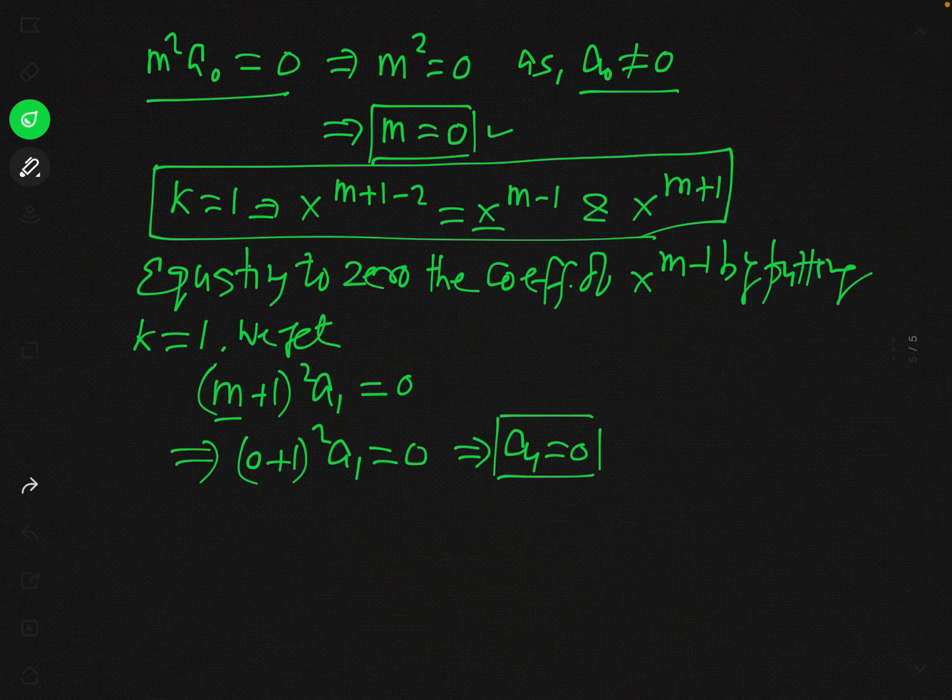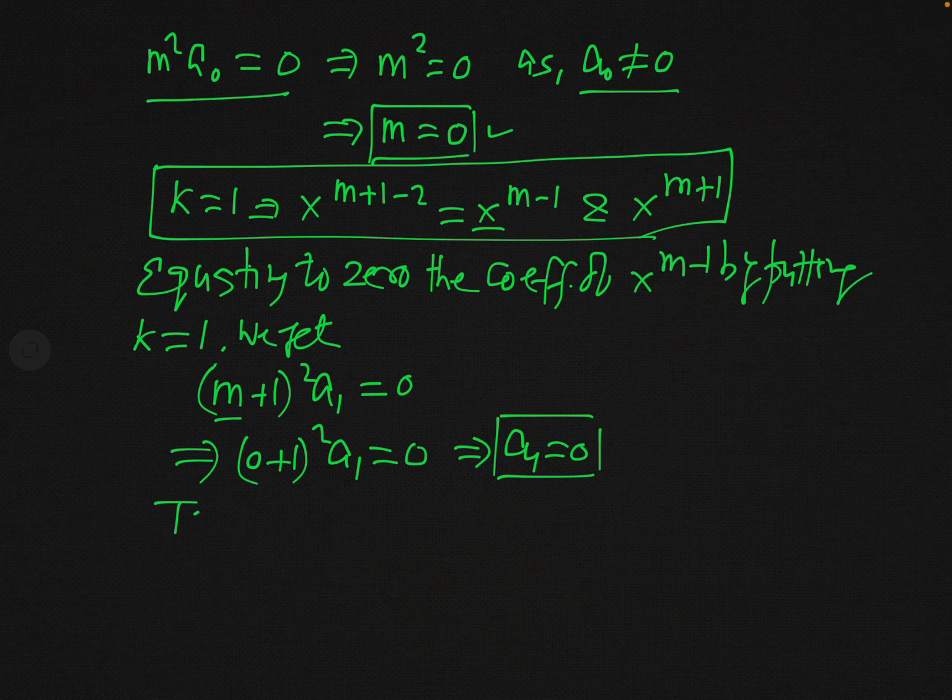Now, to get the other coefficients, we write the recursion formula, or you can say the recurrence relation. And you know, to write the recurrence relation, we equate to 0 the coefficient of the general term. And here the general term will be the term which contains x to the power m plus k.